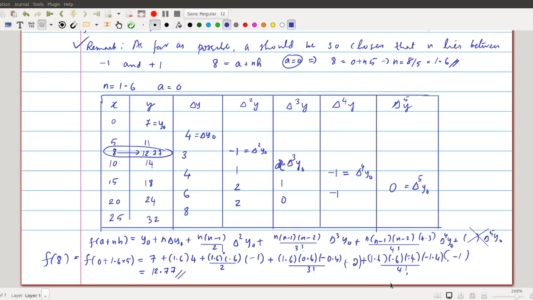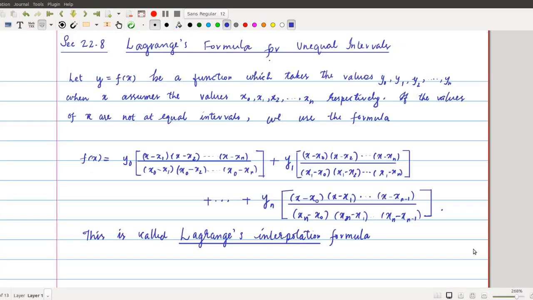So this is the interpolation formula for equal intervals. Now, Lagrange's formula for unequal intervals. This is the formula for the function y equal to f of x. We have the values y0, y1, y2, etc., yn when x assumes the values x0, x1, x2, etc., xn respectively.